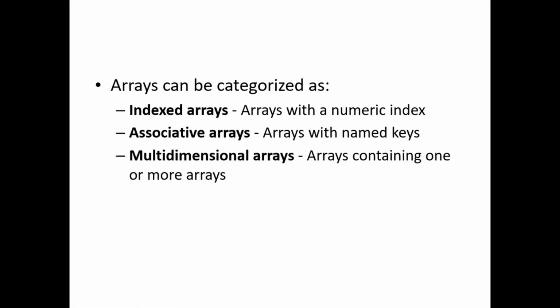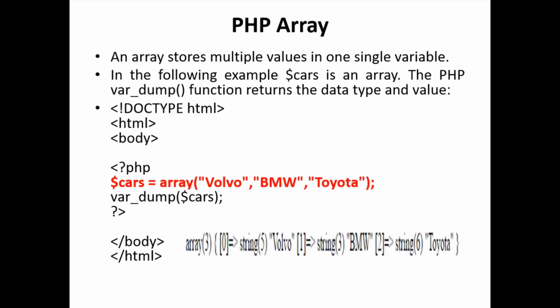Moving ahead, arrays can be categorized as indexed arrays, associative arrays, and multidimensional arrays. Indexed arrays are arrays with a numeric index. What is this index? This 0, 1, 2 is known as the index.